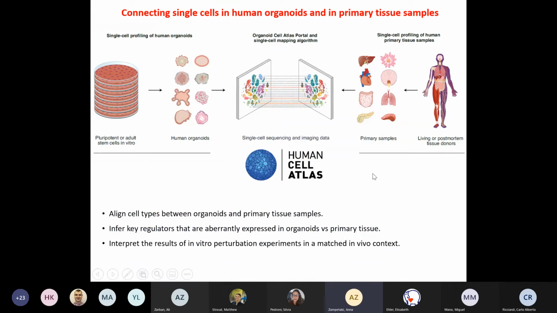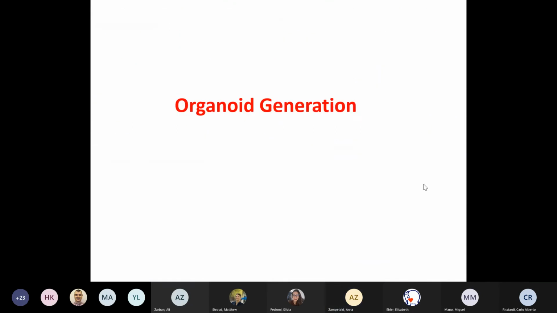By doing so, they are hoping to align cell types between organoids and primary tissue, also infer key regulators that are aberrantly expressed in organoids and primary tissue, and interpret the results of in vitro perturbation experiments in an in vivo context. So how can you generate organoids?